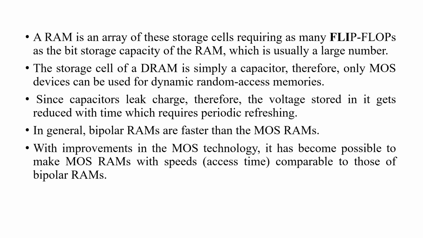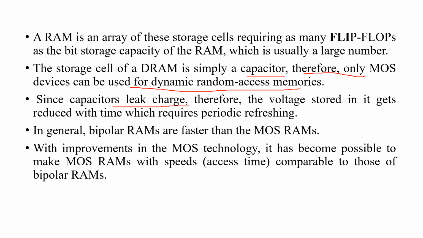The storage cell of a DRAM is simply a capacitor. But the problem with a capacitor is that capacitors leak charge. Therefore, only MOS devices can be used for dynamic random access memories. Since capacitors leak charge, the voltage stored in it gets reduced with time, which requires periodic refreshing.